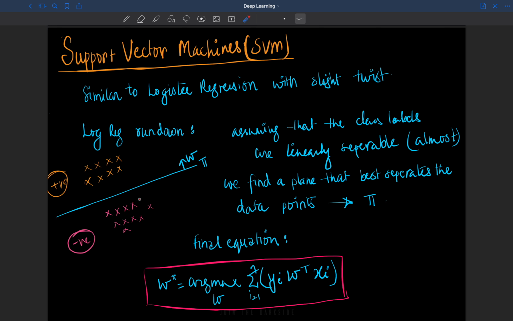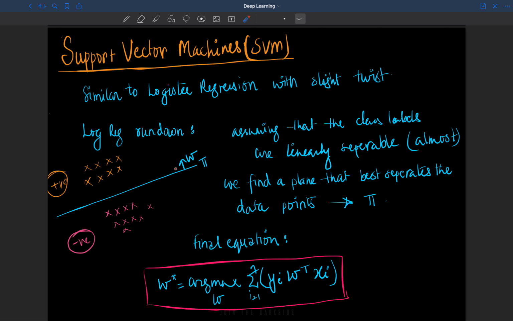It's a classification algorithm actually, to separate two classes via hyperplane or a line in 2D, and of course we are assuming that our classes are linearly separable.